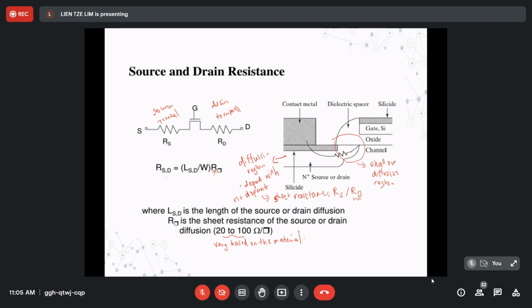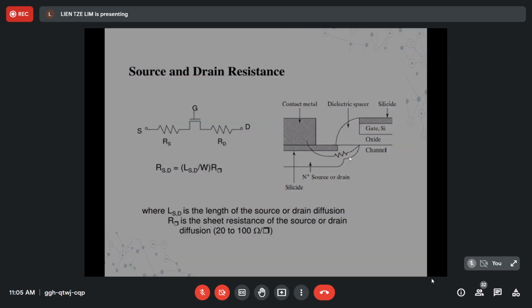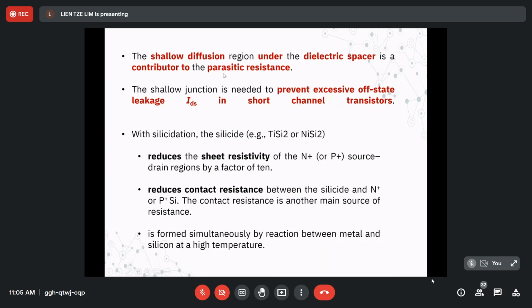This is a shallow region compared to the region here. So this shallow diffusion area will cause a parasitic effect to this device. It will contribute to the parasitic resistance.